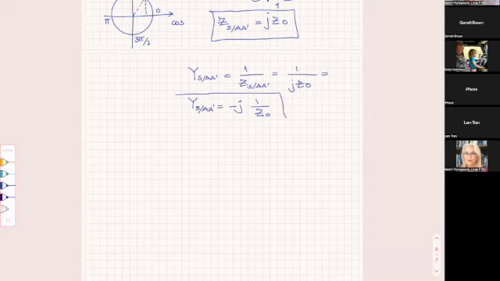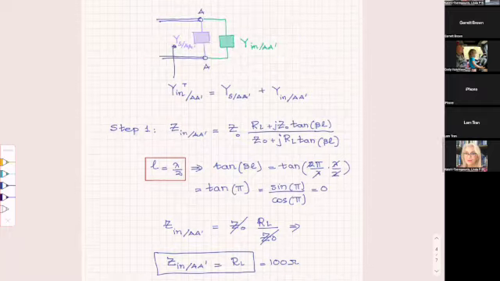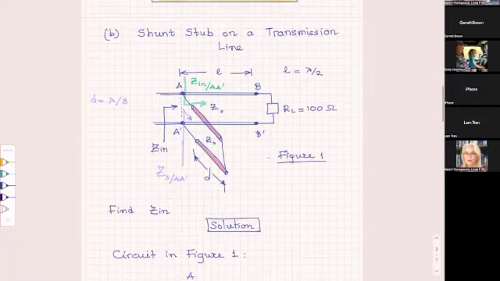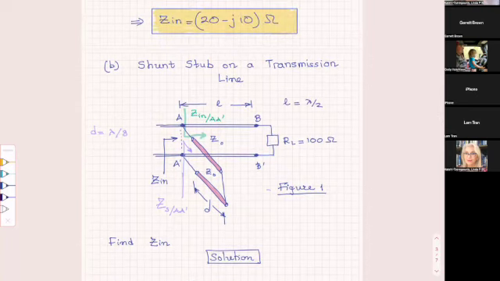Now let us assume that Z naught is 50 ohms.